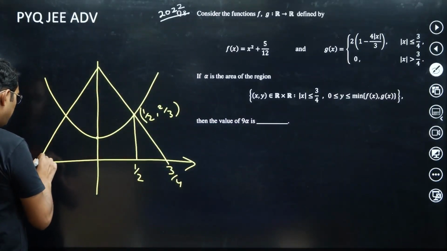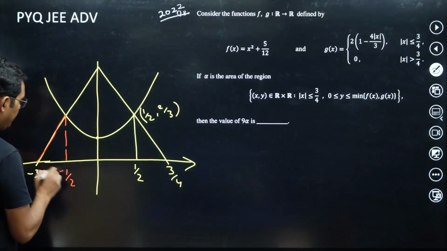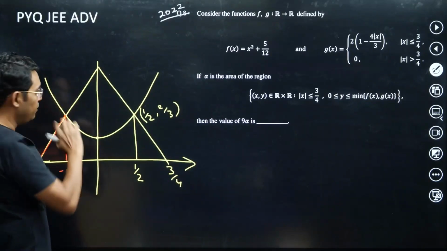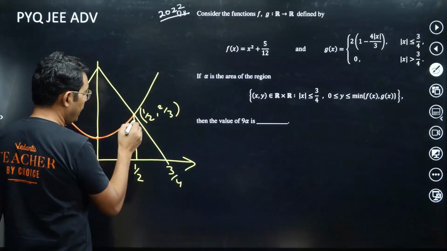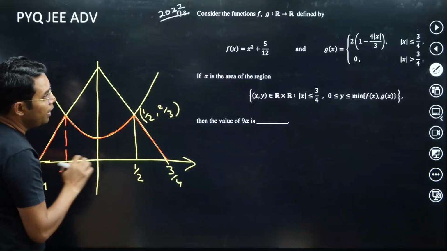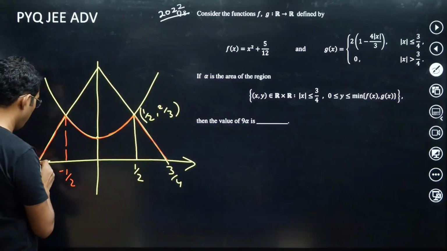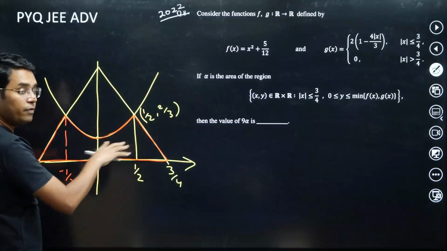From minus 3 by 4 to minus 1 by 2, this is minimum. After that, the parabola is minimum up to this point, and then again this is minimum. So this is how we are getting the minimum, and between y equal to 0, this is the area which we are looking for. This complete area we are looking for.